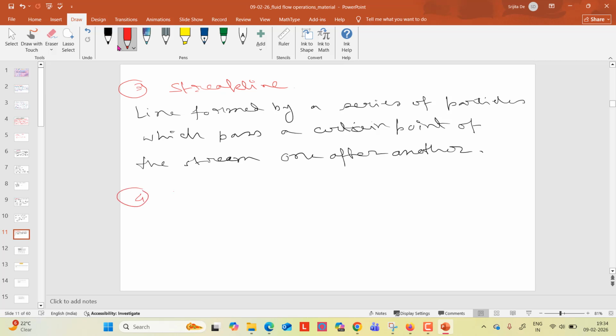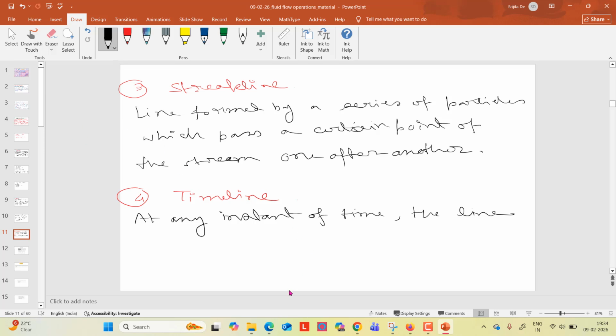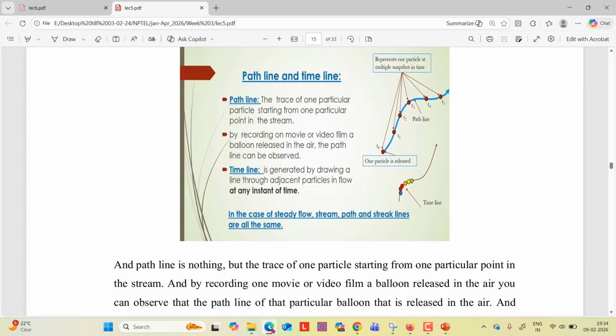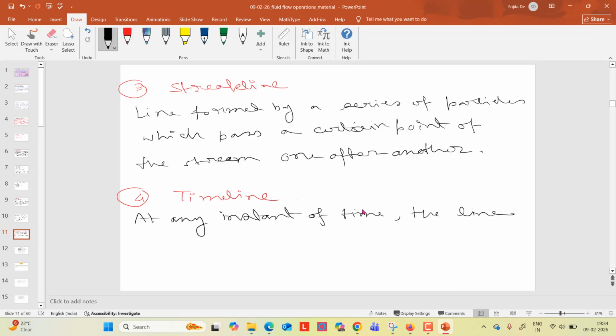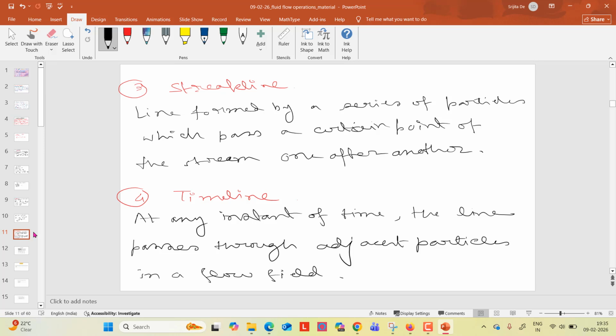At any instant of time, the line passing through adjacent particles in a flow field is called the timeline, right?